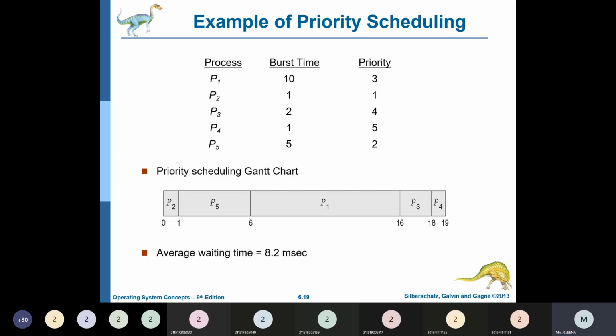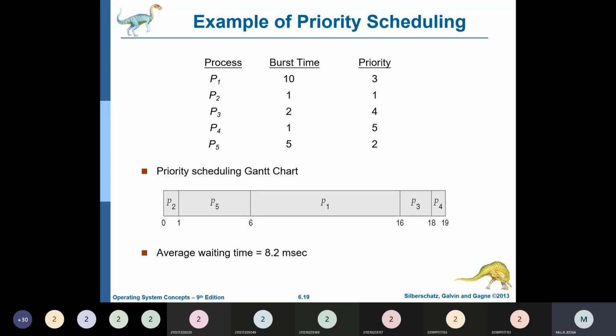So what is the solution for the starvation and this indefinite blocking? It is aging. Aging is the solution for this starving. How? When the highest priority process contains a huge burst time, the others will starve, right?